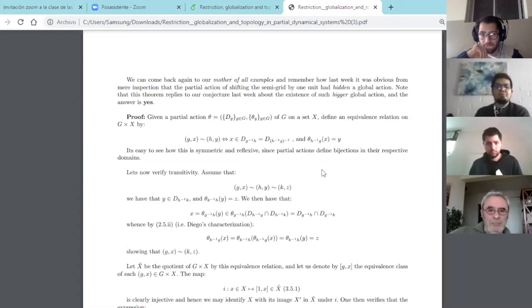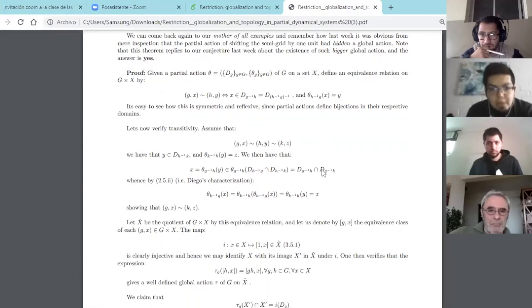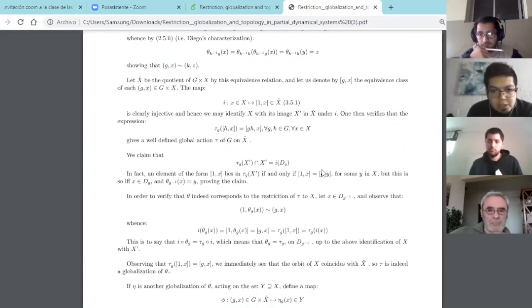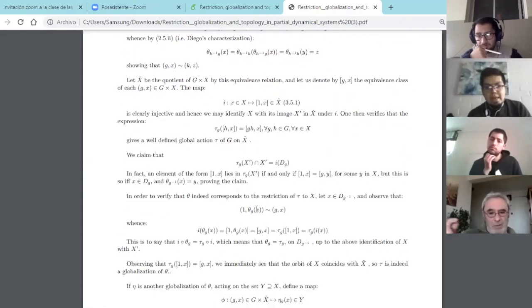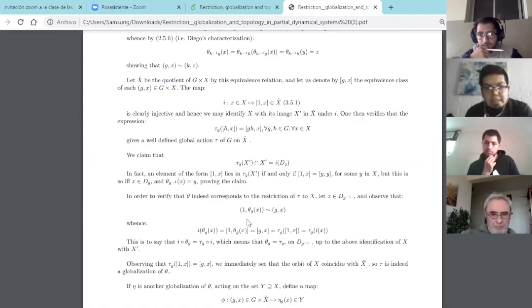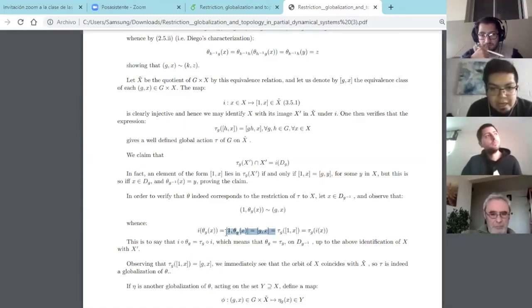So then I will make a quotient here, and I will have that the relation I had originally is actually an equivalence on the quotient. Every class always has a representative with a 1 in the group coordinate, right?